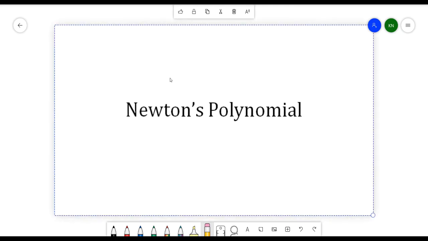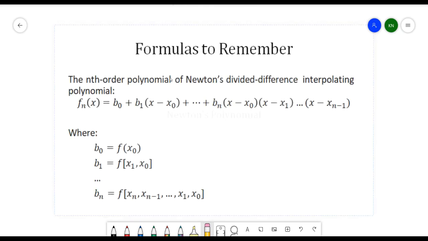In this video, we also need to discuss the formulas that you need to remember, or the formulas that we will be using in solving for the Newton's polynomial. The nth order polynomial of Newton's divided difference interpolating polynomial can be solved using this formula.